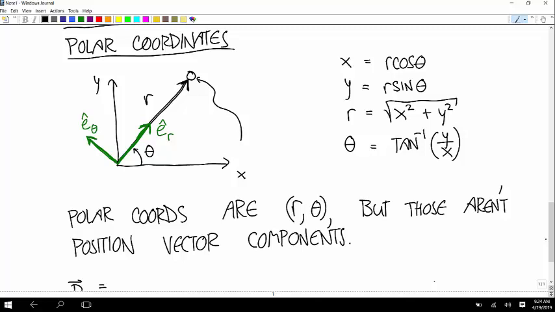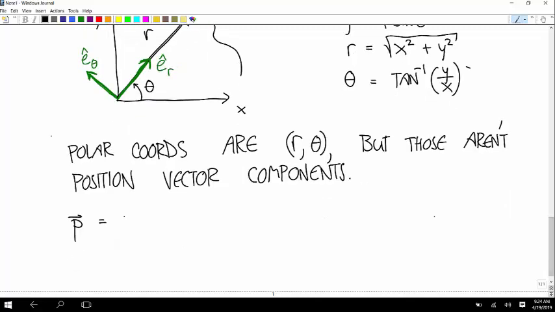And so the position vector is r er plus 0 e theta. To get it into the form that we're used to dealing with, I'll also say that we have a 0 component in the k direction.